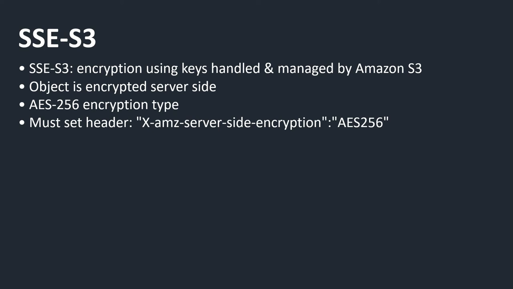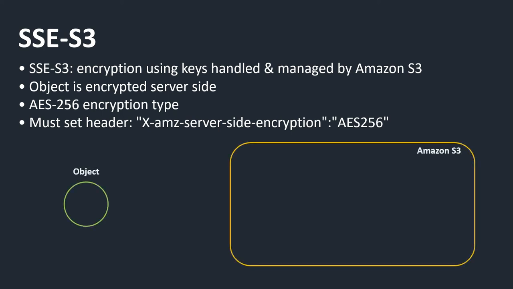So let's have a look. We have an object and it is unencrypted. We have it written out and we want to upload it into Amazon S3 and perform some SSE-S3 encryption. So for this, we are going to upload the object onto Amazon S3. You can use the HTTP protocol or the HTTPS protocol.